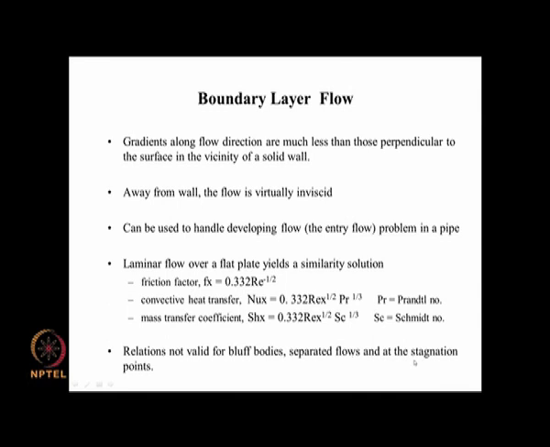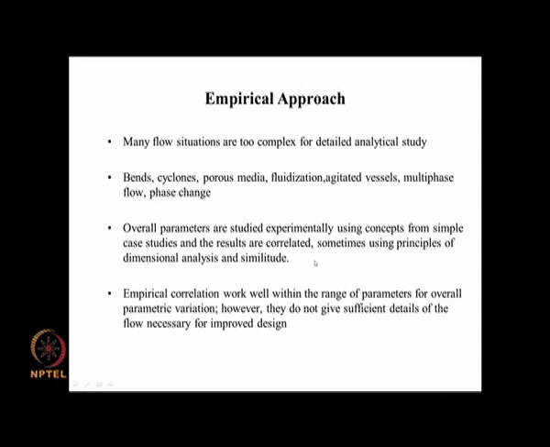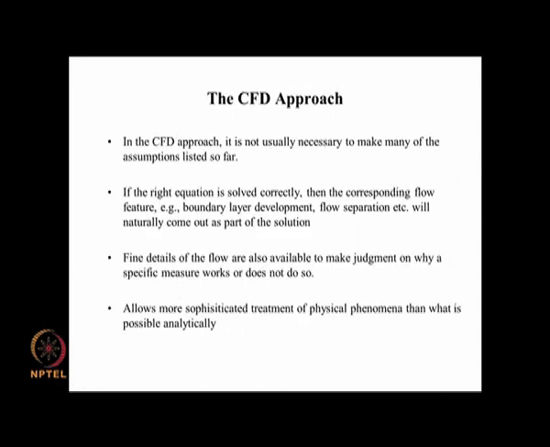And also for separated flows and very close to the stagnation point where the boundary layer thickness is large compared to the distance traversed along the surface. So these are all useful things, but these are not for the general case, and we can also do the empirical thing, but these are not for the general case.